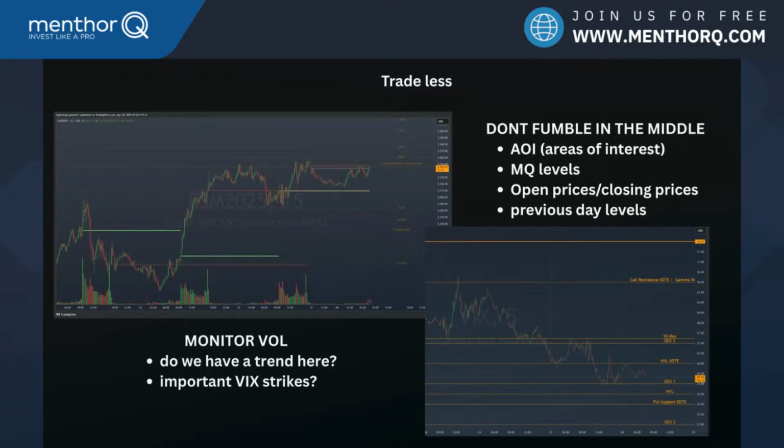Pretty sure Tesla dragged us down a little bit, but nevertheless, let's get to the point. You don't have to trade every day, right? Don't fumble in the middle where market has too much noise, which was the case in ES basically the whole Tuesday. Mean reversion trading, and also Thursday a little bit.